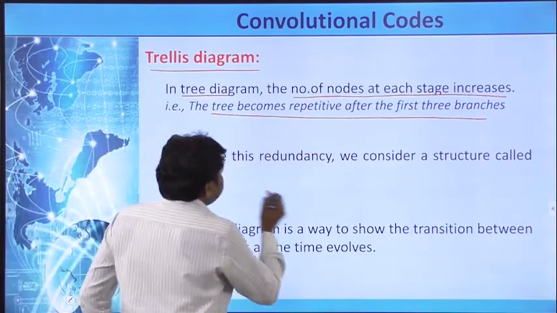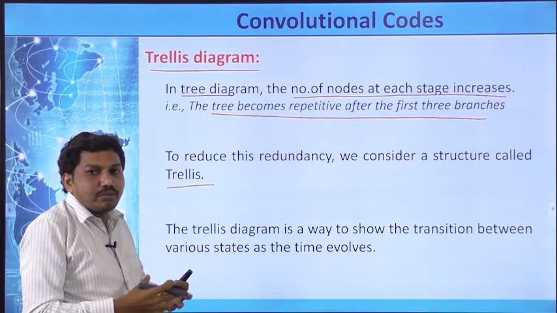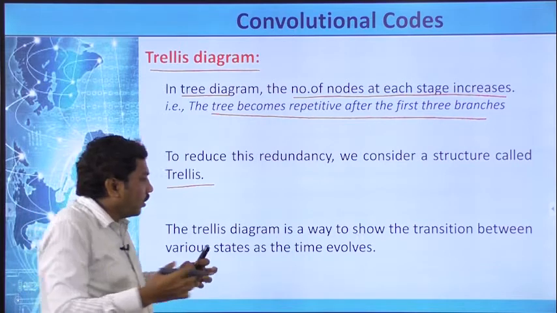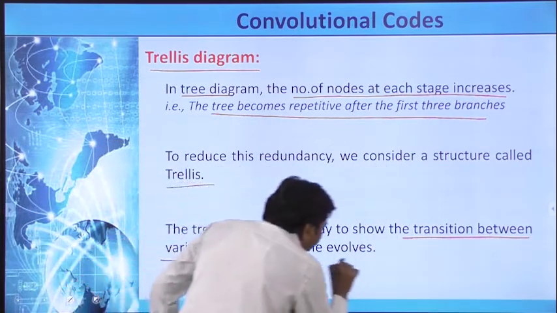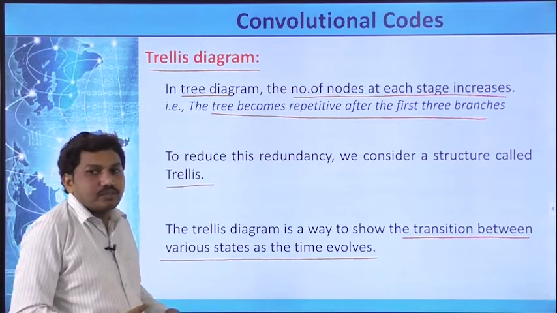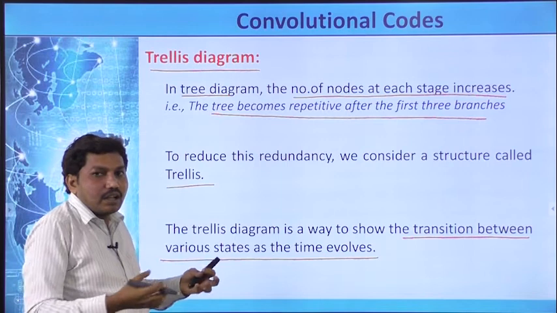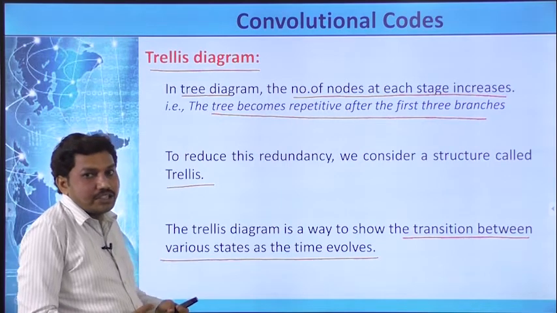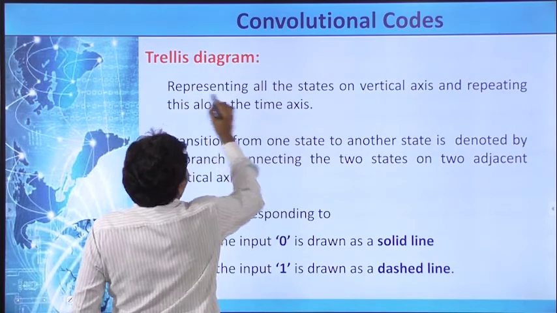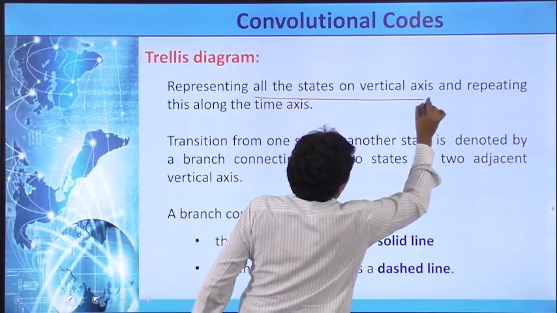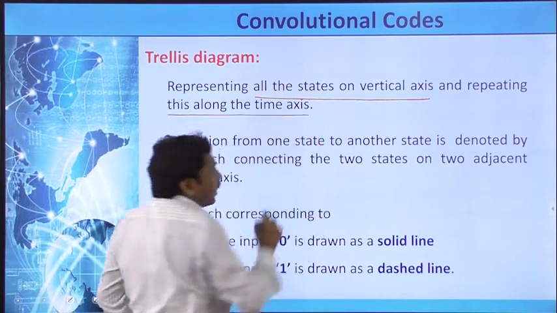The structure is called the trellis. The trellis diagram shows the transition between the various states over time intervals. The transitions between the states depend on the time basis. In a trellis diagram, we represent all the states on the vertical axis and repeat these states along the time axis.